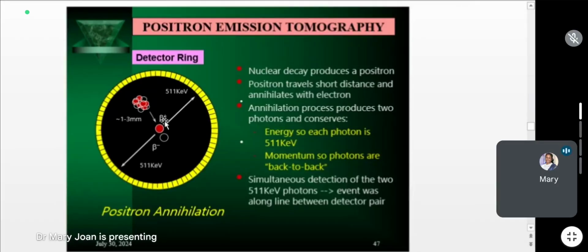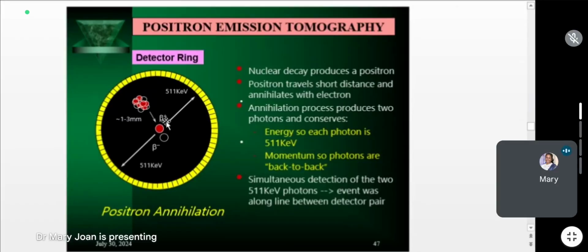So the annihilation process produces two photons, and conserves the energy. So energy to each photon is 511 keV. So what is this 511 keV? So we have a positron and an electron. So the rest mass energy of an electron is 511 keV. So the mass is converted into energy here in this transition.